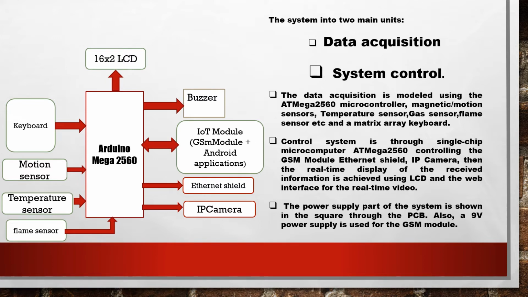When all this data is obtained from the sensors, the Arduino already has an inbuilt signal converter, and the Arduino can also send the data through the Wi-Fi module. That is the data acquisition part, and then you have the system control part, that is the Arduino Mega board, which will be controlling all these things.